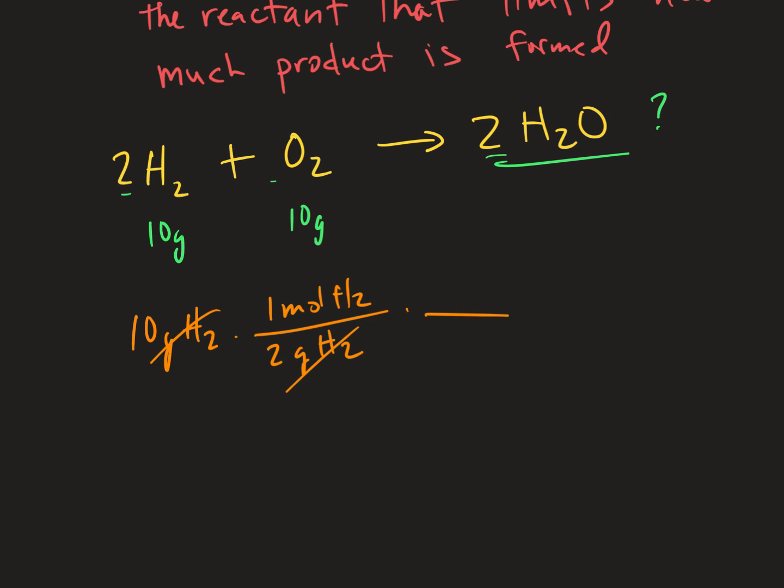What do we do next? We have moles of hydrogen, but we want to go to grams of water, let's say. We just did this one. So we have mole A, we need to go to mole B, which is a mole-to-mole ratio.